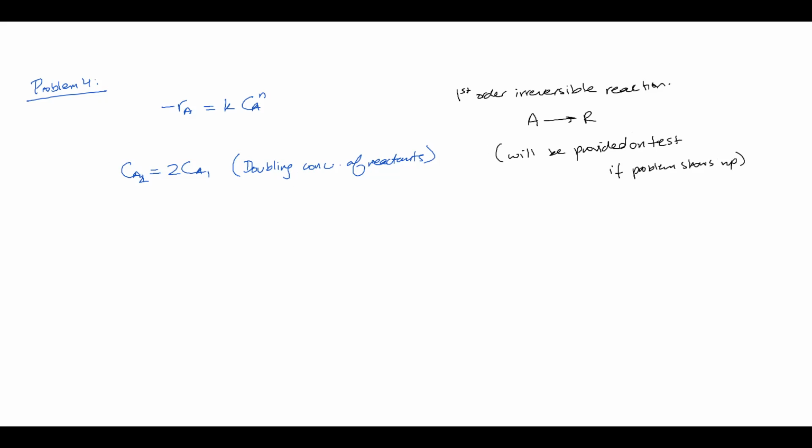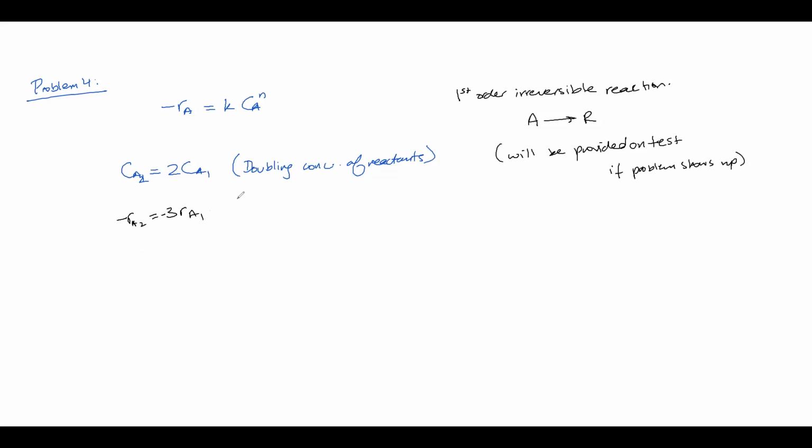Anyways, so minus RA is equal to K Ca to the power n, and you're being told that once the concentration of reactant doubles, the rate of reaction triples, so RA2 is equal to 3 RA1, the minus doesn't matter, right?